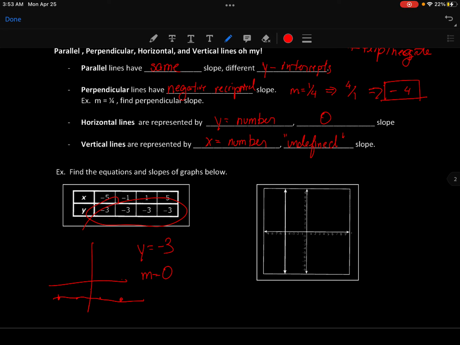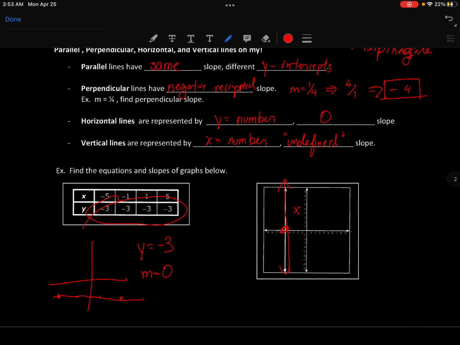For this one, we notice that this is a vertical line. Now, where is the x-intercept of the vertical line? X is equal to -5. Therefore, that's the equation of the line. A vertical line has the equation of x is equal to -5 here, and the slope is undefined.